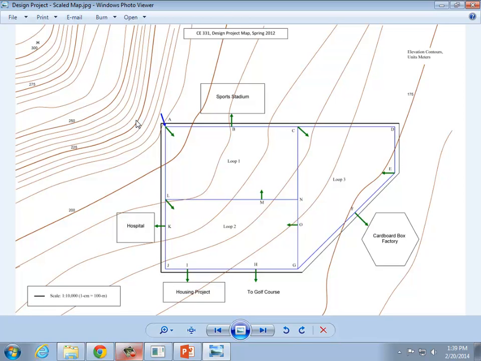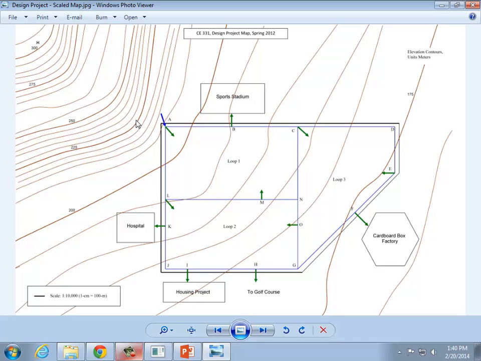What's the difference between this, like it says Loop 1 residential and NFF? NFF is the fire flow. And so I just tell you straight out how much water you need to budget for a fire. But what I don't tell you is how much water the people inside there are going to be requiring for their ordinary domestic demands. And so that's what you're going to have to calculate.